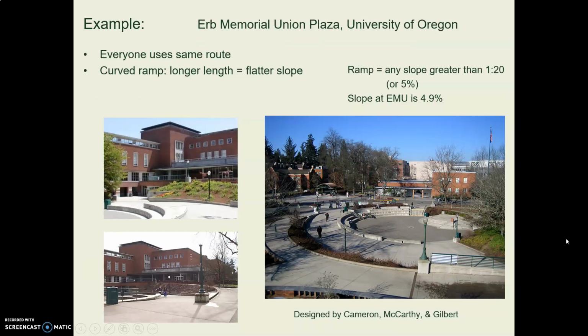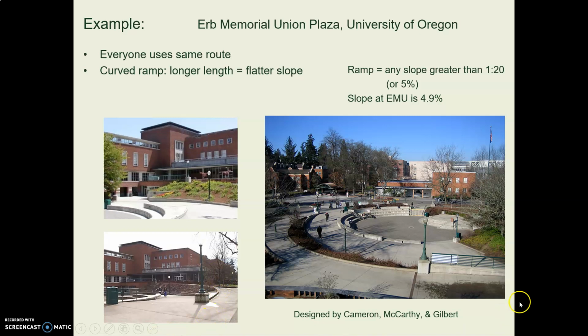The other example I want to show you that we mentioned before is this entrance to the EMU at the University of Oregon. So in the picture on the right, this is 13th Avenue going behind the plaza. In these two pictures on the left, 13th is out in front of the picture. And this was a problematic building with multiple levels and lots of stairs and difficult.